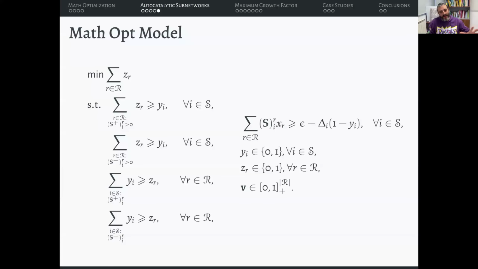So that's something that we were analyzing in our previous work. And with this type of model, we were able to enumerate the whole list of autocatalytic subnetworks for a given CRN.